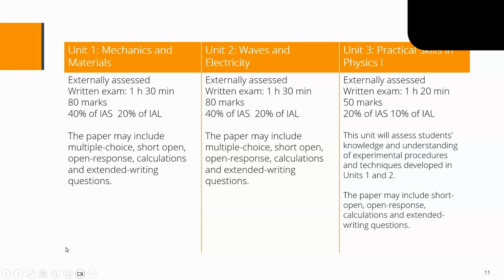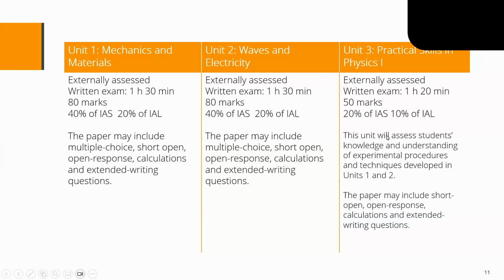And in the module tomorrow at the same time, where we look at assessment in more detail, I'll be showing you examples of those sorts of questions, and we'll have an opportunity to look at some exemplars and how the mark scheme works. Unit 3 is slightly different. It's also an externally assessed written exam. It's slightly shorter, 1 hour 20 minutes, and accounts for 50 marks, which is 20% of the AS or 10% of the full advanced level.